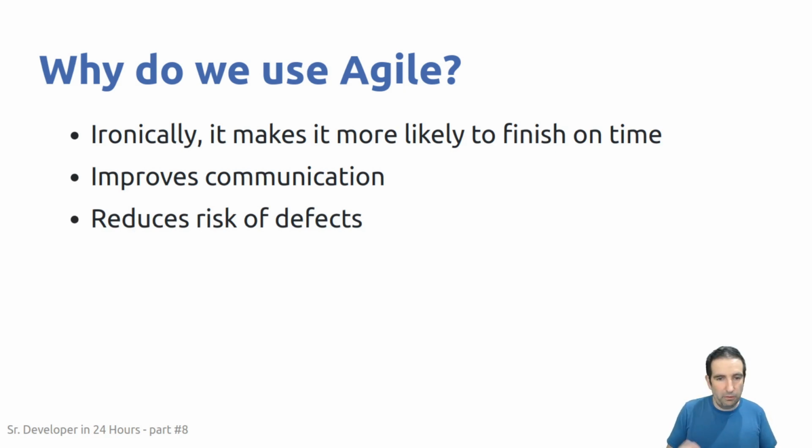It also reduces the risk of defects because we are iterating quicker, we're getting feedback quicker, we have more opportunities to integrate our code. So it reduces a little bit the opportunity of bugs and defects to make it all the way to production, where things are a lot more expensive to fix.